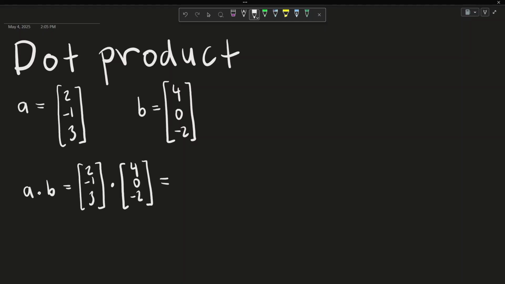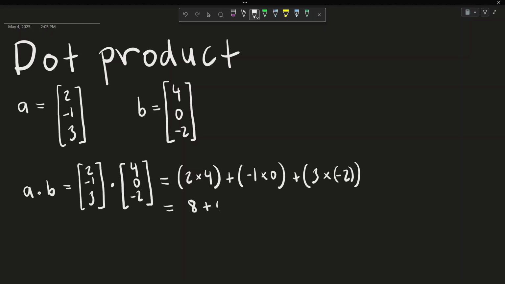So what we'd have is 2 times 4 plus the second entries, -1 times 0, plus the third entries, 3 times -2. And so what we'd find is that A dot B is equal to 8 plus 0 minus 6, which is equal to 2.